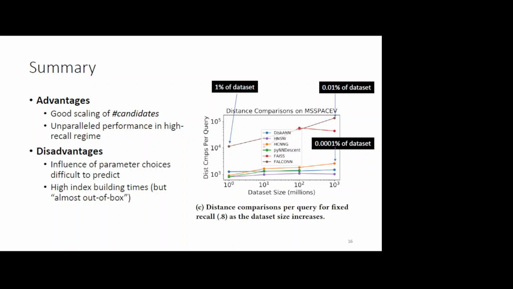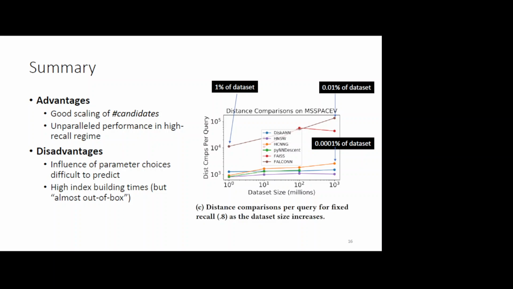This means this method only checks 1,000 data points as candidates in the 1 billion data set. Only 1,000 candidates are checked. So it's very efficient. You don't need to check 1 billion data points, only 1,000. You can save a lot of time. So it's a very good advantage of this method.